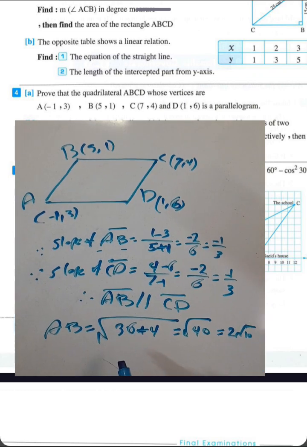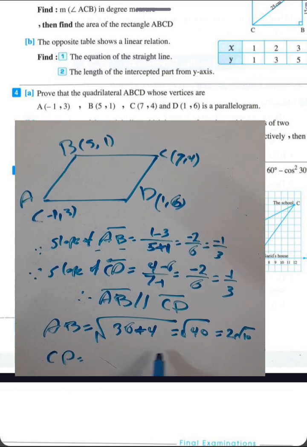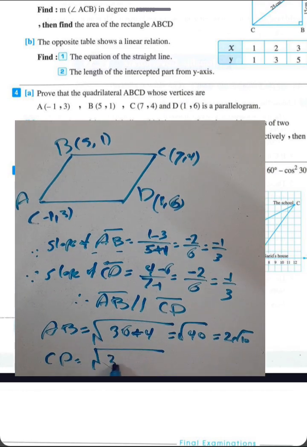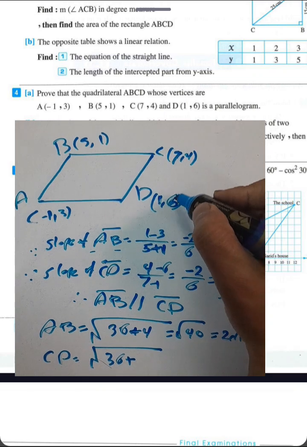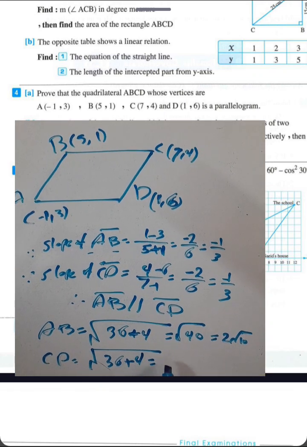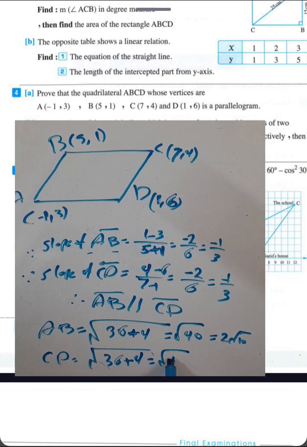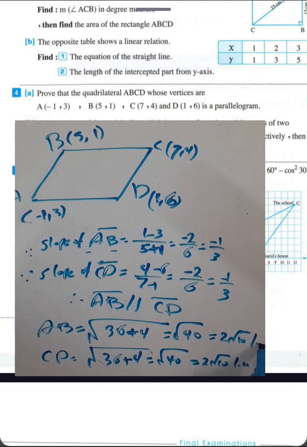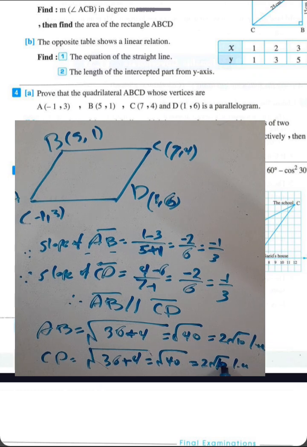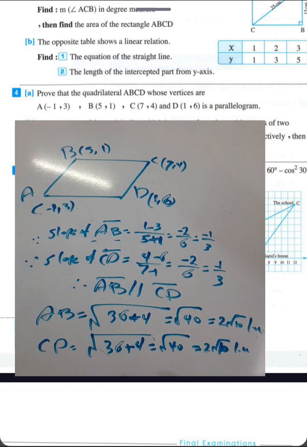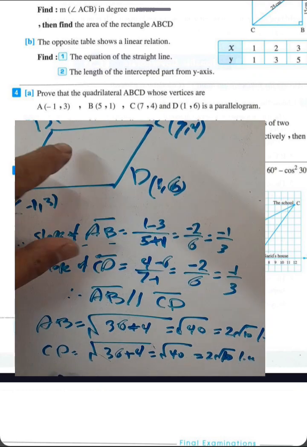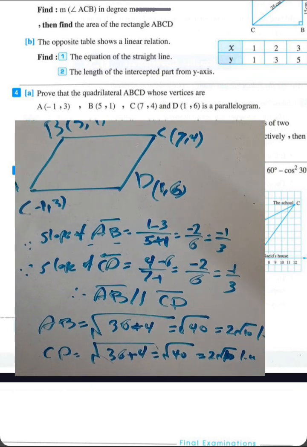And we can find the length of CD, 7 minus 1 is 6, 6 squared 36, and 4 minus 6 is -2, squared is 4, the result will be root 40, which is 2 root 10 length units. Then this figure ABCD is a parallelogram.